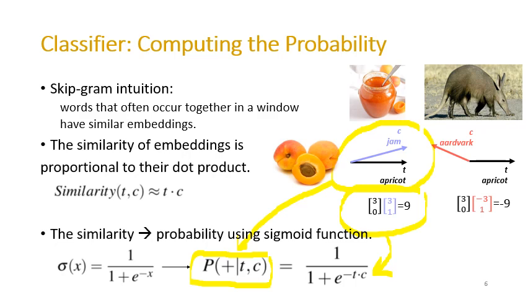On the other hand, if you plug in vectors that are very dissimilar to each other, you will certainly get a much lower probability. I strongly suggest you try with the numbers so that you can experience how we get the probability of being labeled as plus given the context word and the target word.